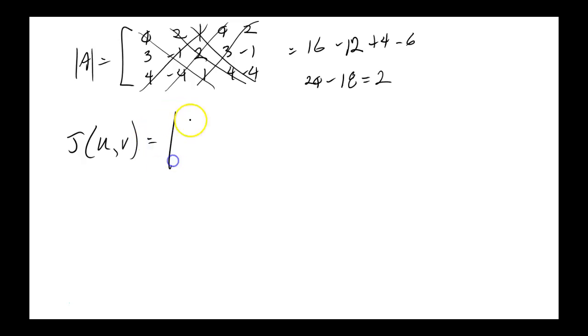So that's going to be the matrix of the partial of x with respect to u, partial of x with respect to y, I'm sorry, v, getting my variables crossed up. Partial of y with respect to u, partial of y with respect to v.